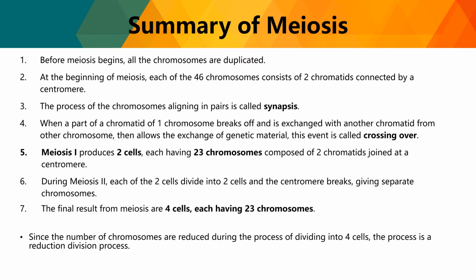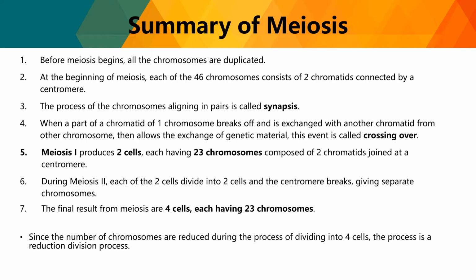So this slide shows you the summary of how meiosis happens. At the beginning, all of the chromosomes are first duplicated. Each of the 46 chromosomes consists of two chromatids connected by a centromere. The process of the chromosomes aligning in pairs is what we call synapsis.